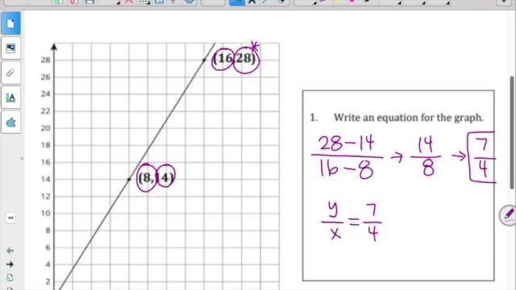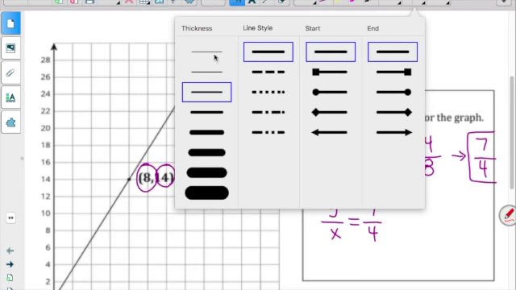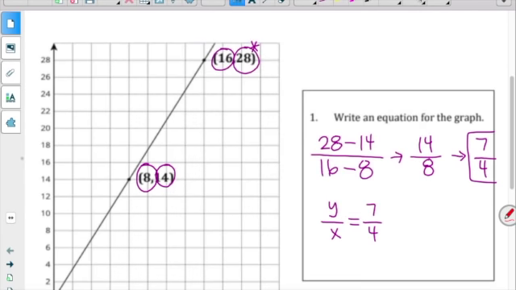I'm going to take it one step further, and I'm going to isolate y. I want to get y all by itself. So if you look, y is being divided by x, so I'm going to do the opposite of divide by x, which is to multiply by x, and that will cancel that out. Whatever I do to one side, I have to do to the other, so I also have to multiply that side by x.